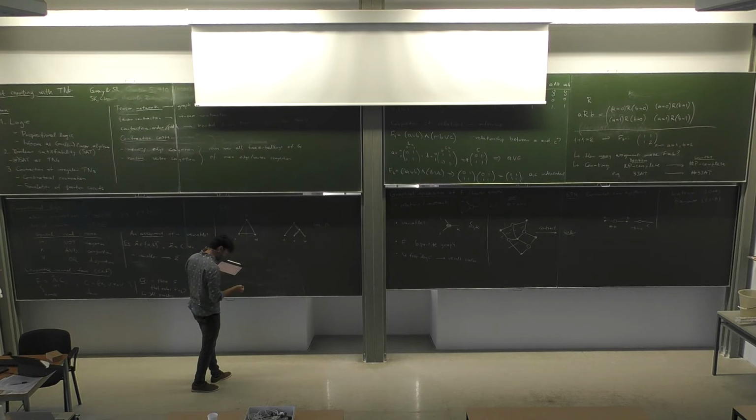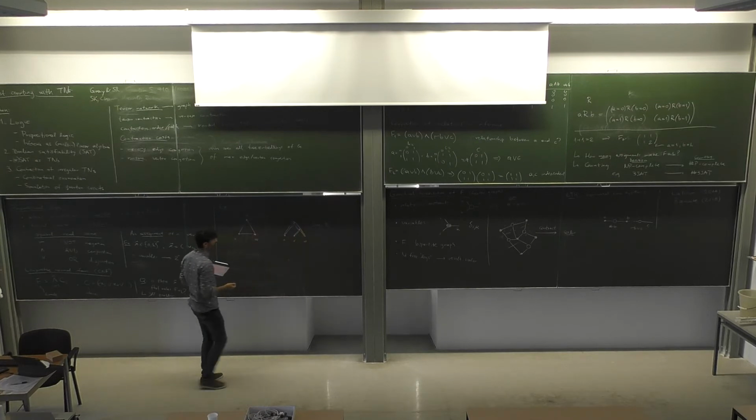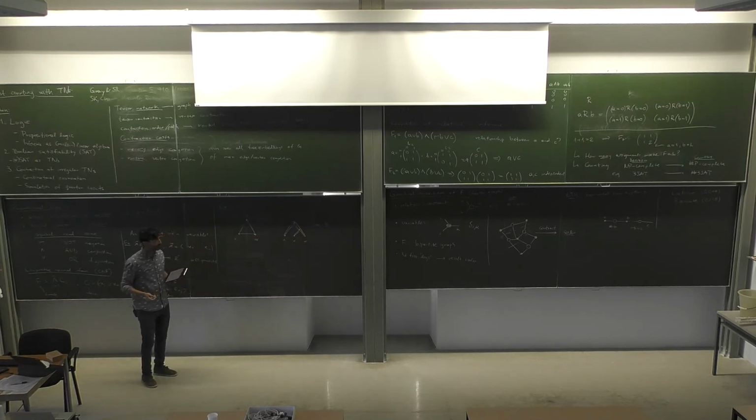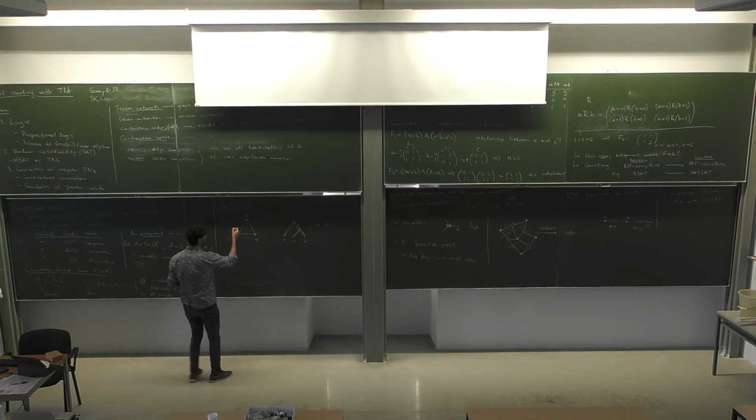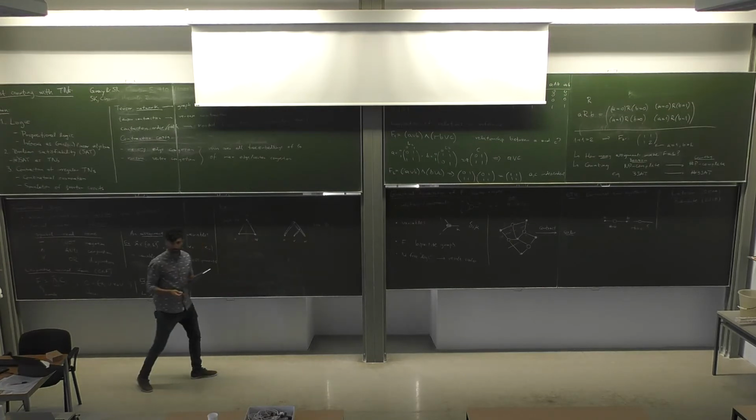And then between U and W, I have a white edge. Connect them like this. This is a tree embedding of graph G. This is graph G. This is the tree embedding onto tree B.